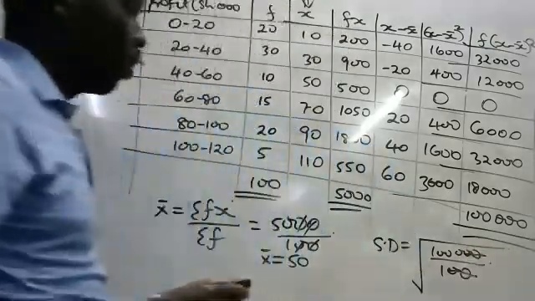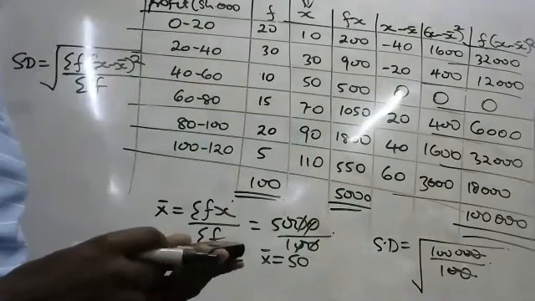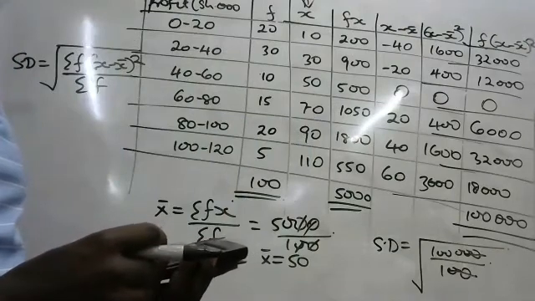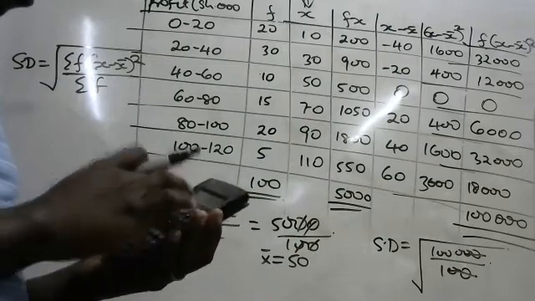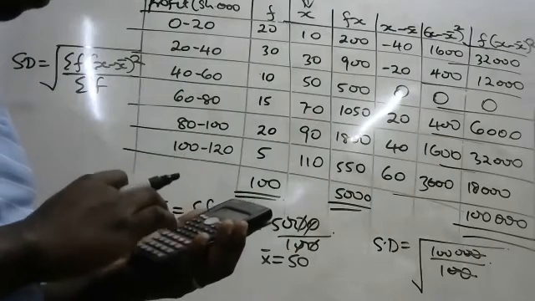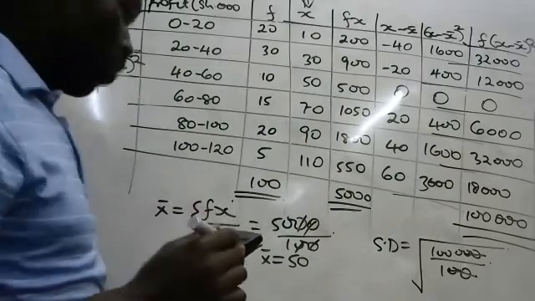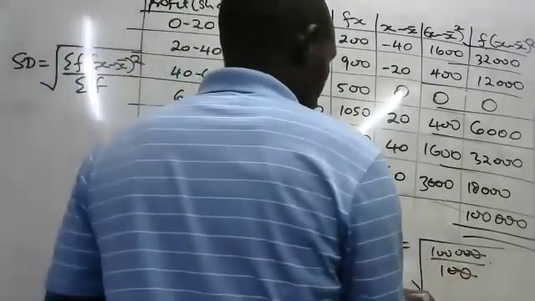So it is going to be the square root of 1,000. Root 1,000, that's 1.62.